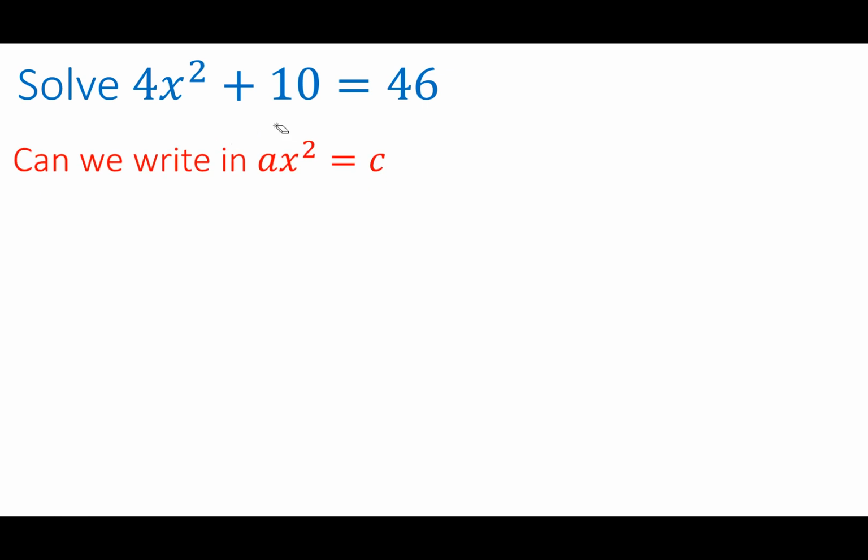Well, I can get it to that form if I subtract 10 from each side, and then I have 4x squared equals 36. So just with moving the 10 around, I'm at ax squared equals some constant c, some number. Well, now it's 4x squared equals 36.